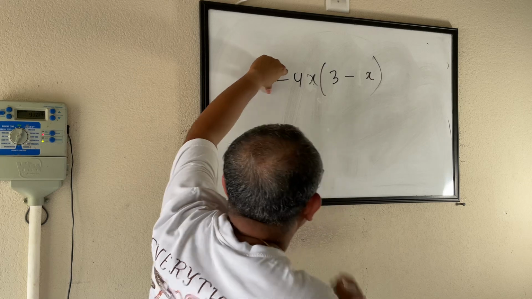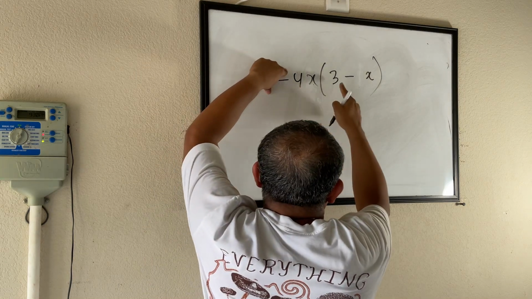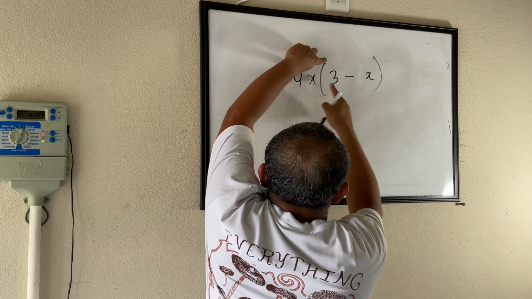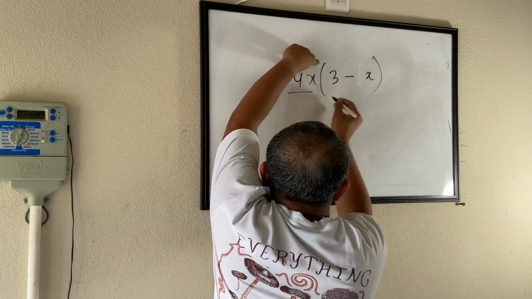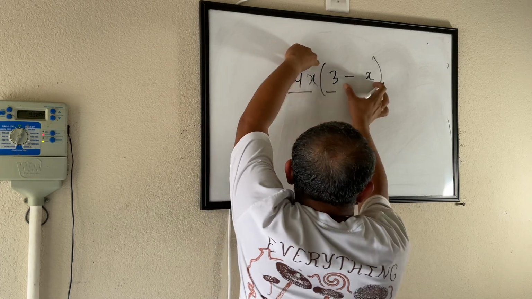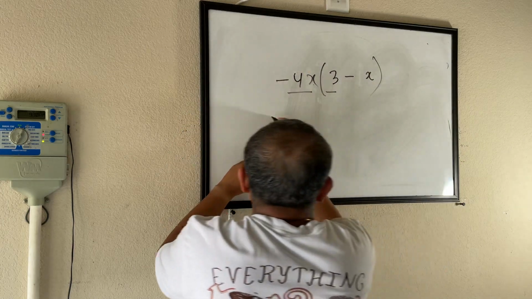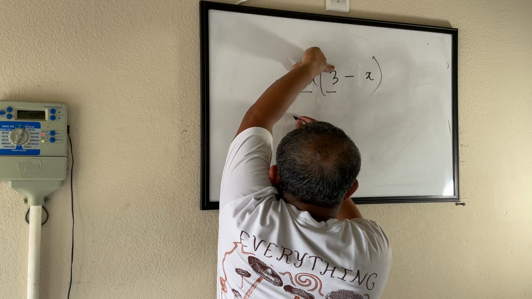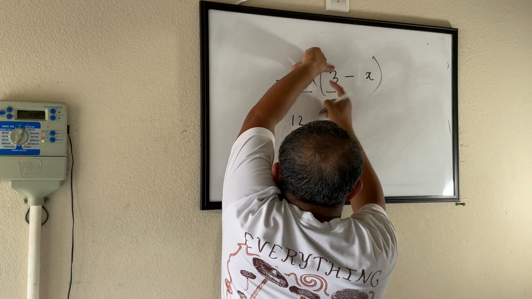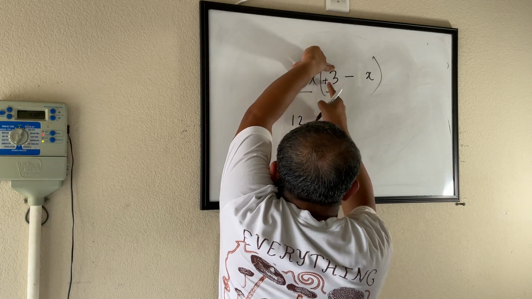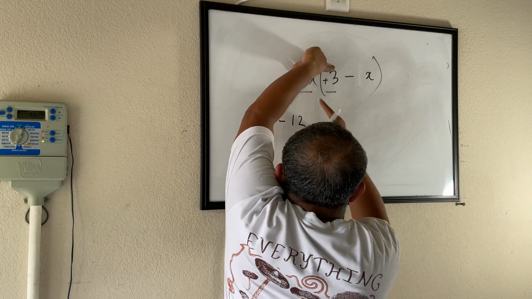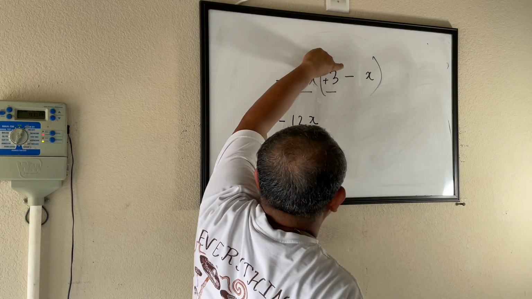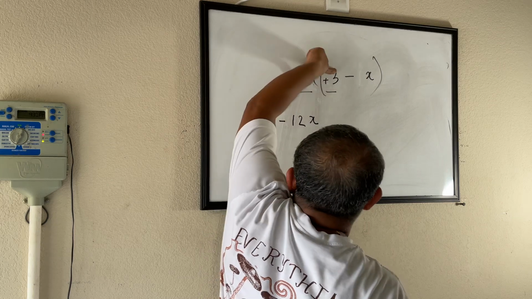What you're doing here is, you're multiplying number with number, variable with variable, and sign with sign. Basically you multiply this with this, and then multiply this with this. That is how you can open the bracket. So here, when you're multiplying this with this, 4 times 3 is 12. When you have nothing, that is nothing but a plus. So opposite signs, minus. And then you have an x that is not being multiplied with anything. So x remains x. So this one is done.